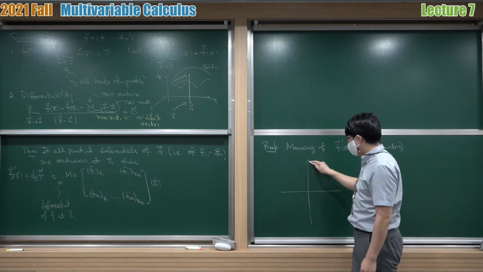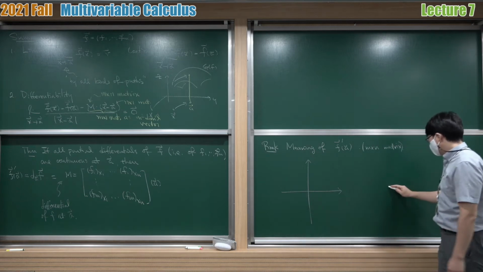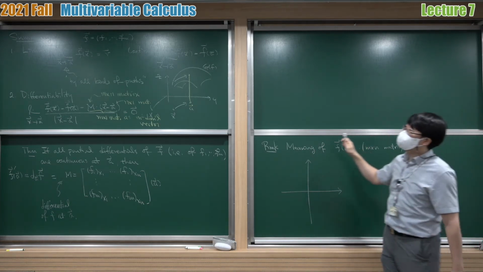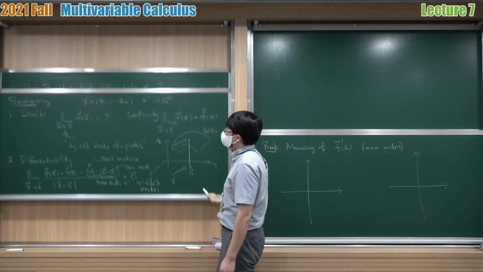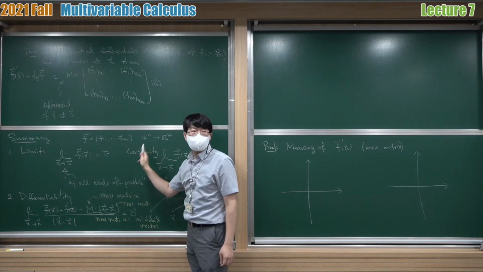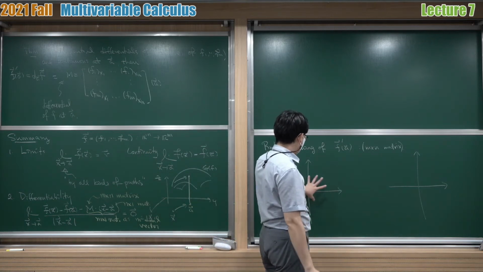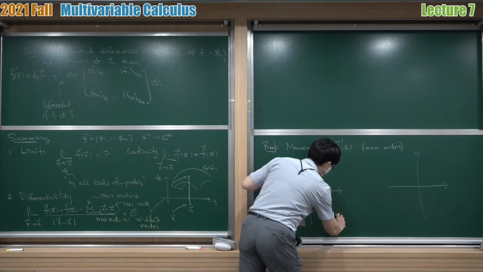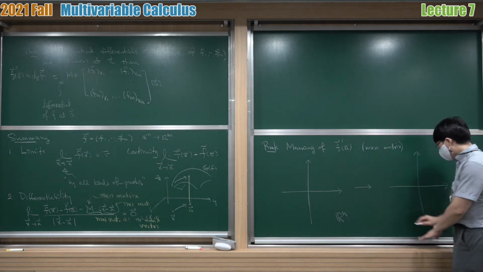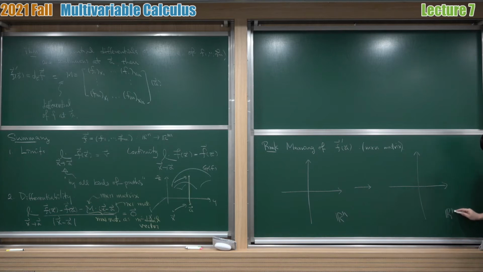And when you think about an n-dimensional vector, you have to recall that the domain of the function is also n-dimensional. So suppose I draw this as two-dimensional, but think about this as an n-dimensional domain space, and this as a target space, which is m-dimensional.